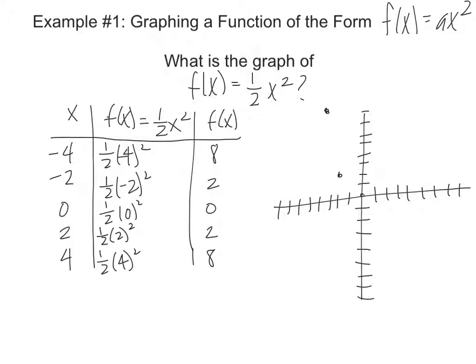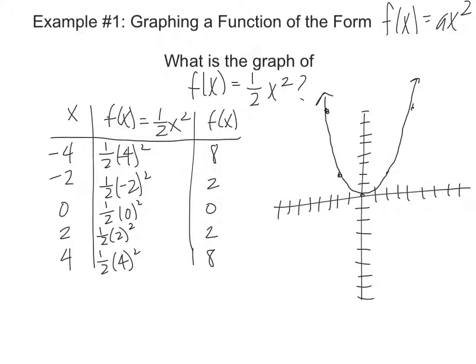The next one is (0, 0), then (2, 2), and then (4, 8). Again, it's a U, so it should be of the shape like that. I'm pretty bad at drawing parabolas, but you get the general idea. When we have graphs of the form where they look similar to the parent function, we can assume that the vertex is (0, 0), and so we choose values surrounding it.